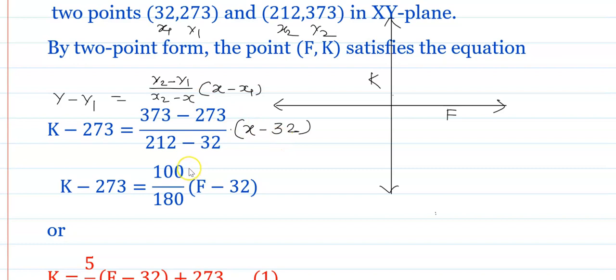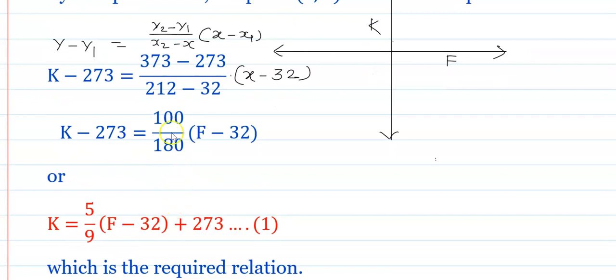Substitute the values: 373 minus 273 is 100, and 212 minus 32 is 180. Okay, and if we simplify it, you will get 5 upon 9.